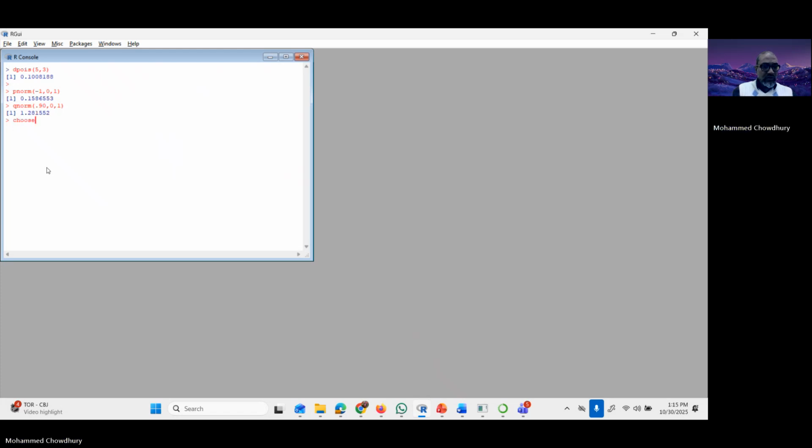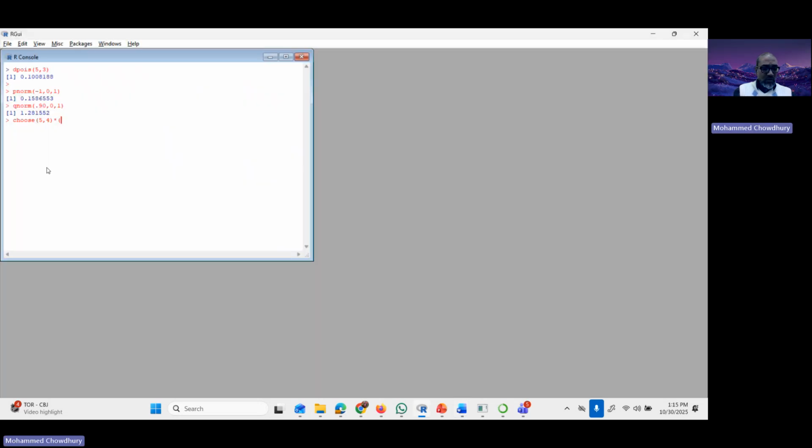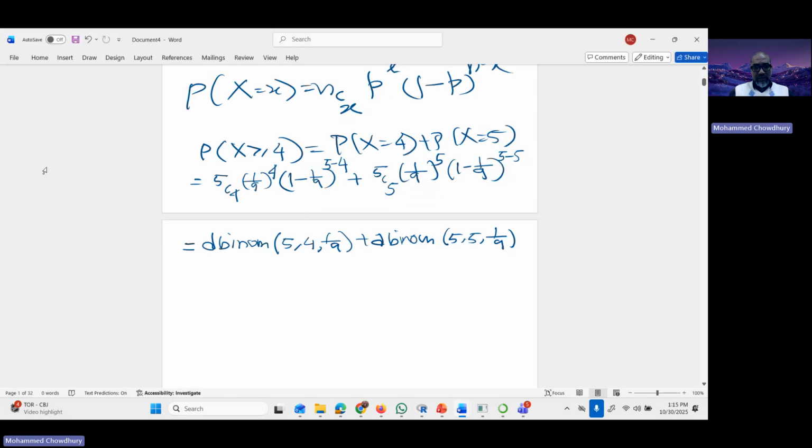Choose 5 comma 4 times 1 over 9 to the power 4. Then I have to write here 1 over 9 to the power 4 times 4 and then 5 minus 1. So that means 8 over 9.